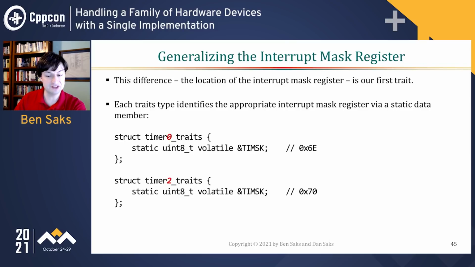So that difference in location, where the interrupt mask register is located, that becomes our first trait. So we're going to add a member to each of our two traits types, timer 0 traits and timer 2 traits. That's a static data member that's a reference to a volatile uint t, that is the interrupt mask register that goes with this timer. And in timer 0, it will refer to the location hex 6E. In timer 2, it will refer to the location hex 70.